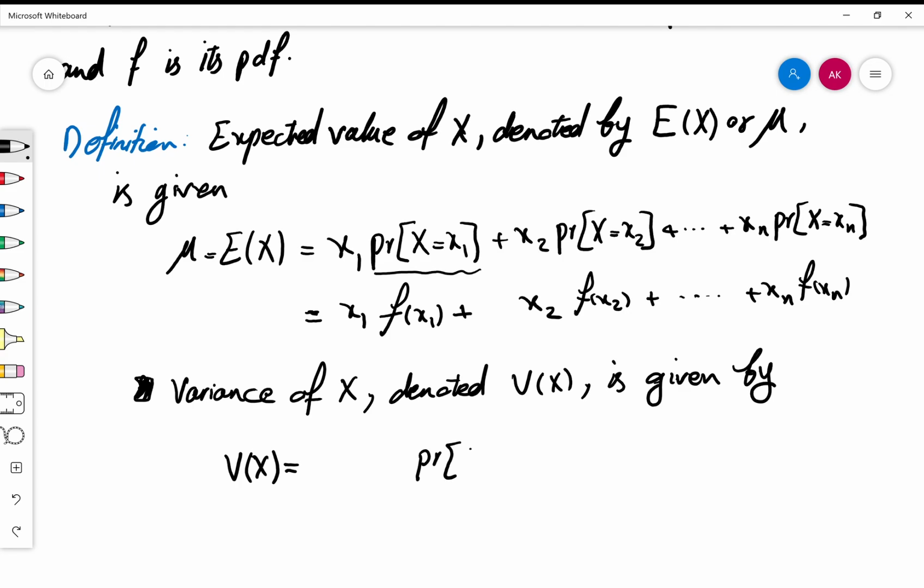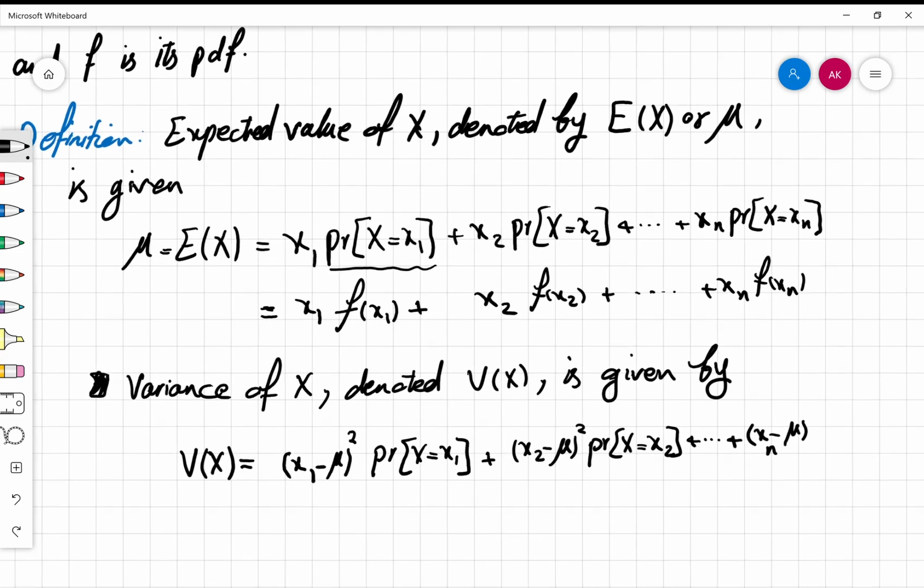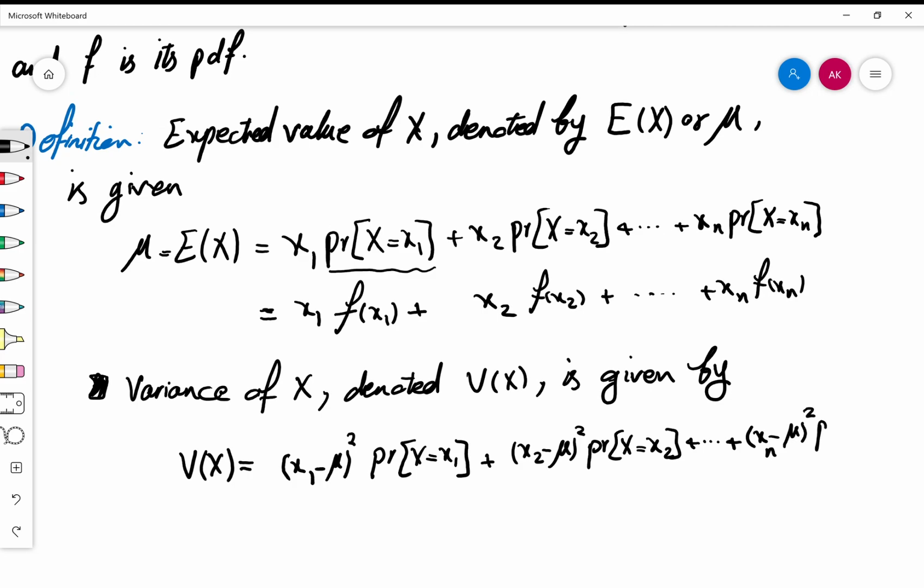We have the probability of X equal to x1, but this time instead of multiplying by x1, we multiply it by (x1 minus mu) squared times the probability of x1, plus (x2 minus mu) squared times the probability of X being equal to x2, and then you continue up to (xn minus mu) to the power 2 times the probability of X equals xn.